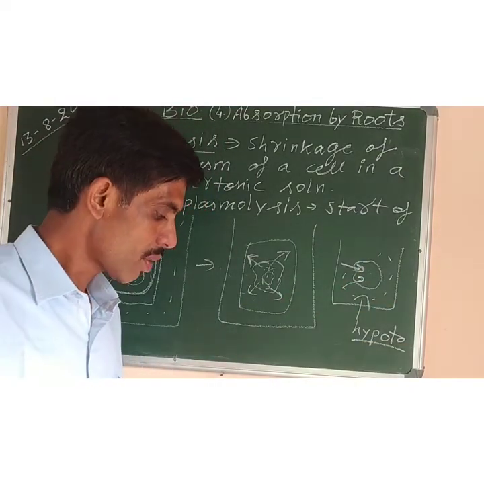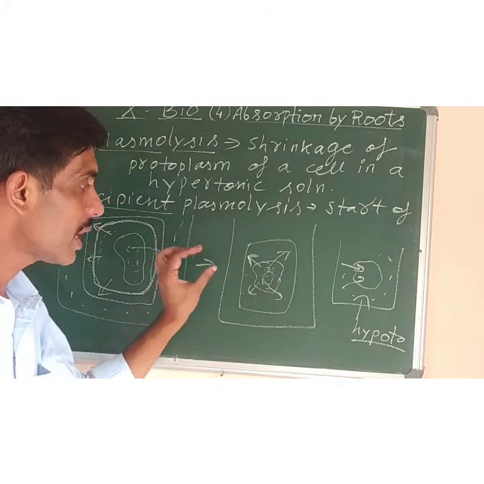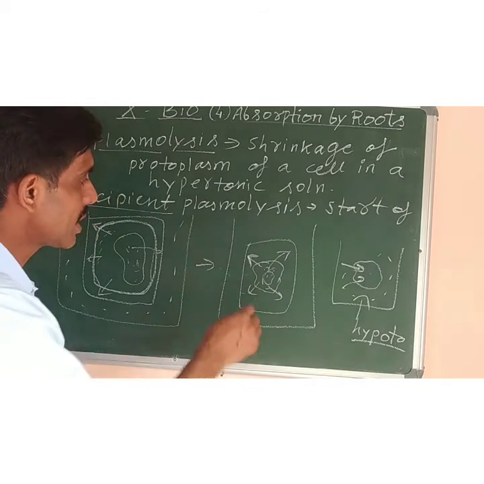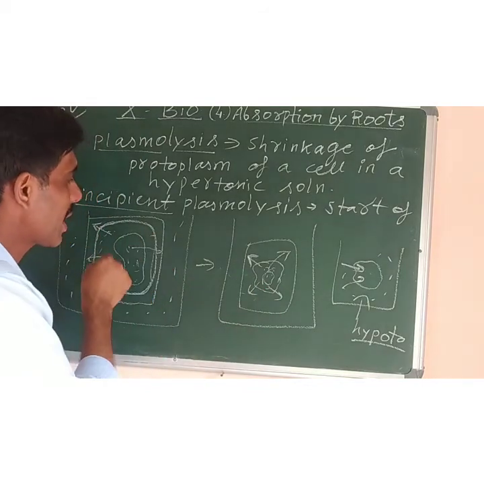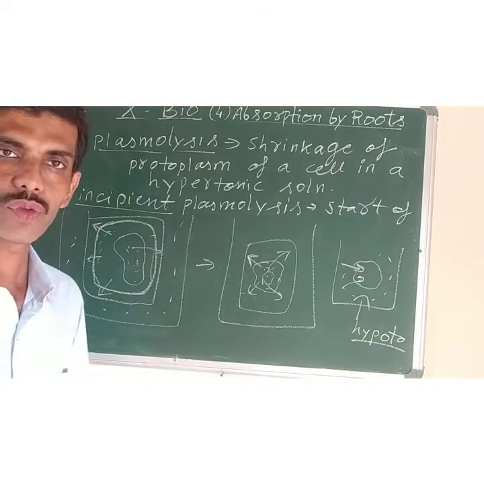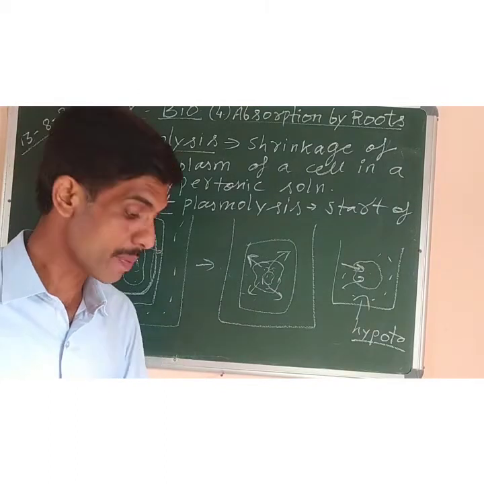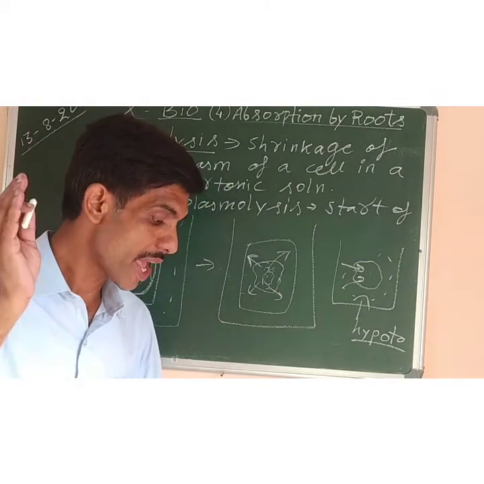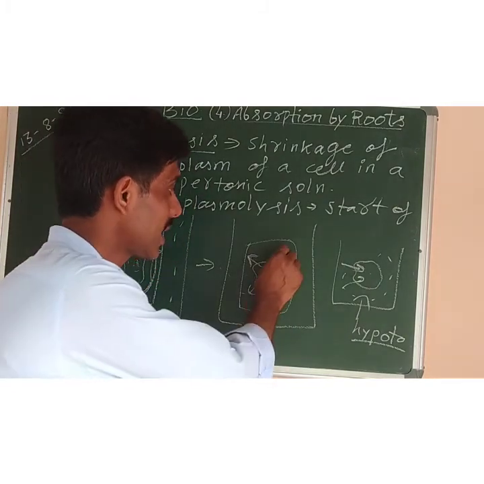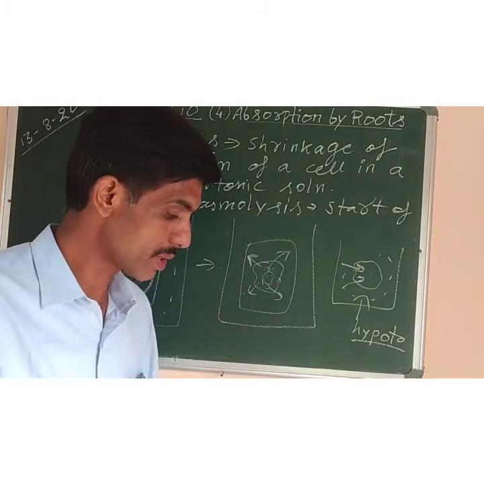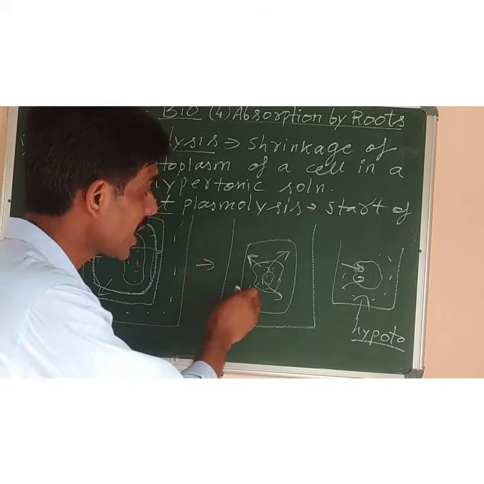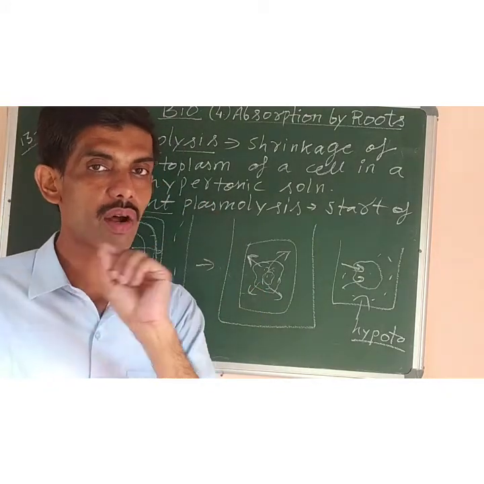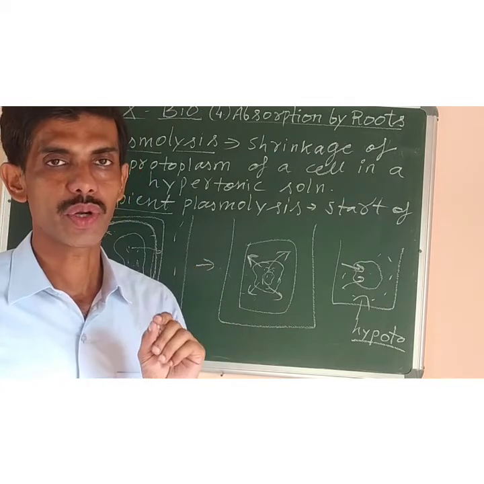Now once a cell is fully plasmolyzed, meaning completely plasmolyzed, it will result in the breaking of the cell membrane away from the cell wall. So even if we try to put it in a hypotonic solution, if exosmosis continues, this movement of water molecules causes permanent plasmolysis, and a permanently plasmolyzed cell cannot return back to the original state.